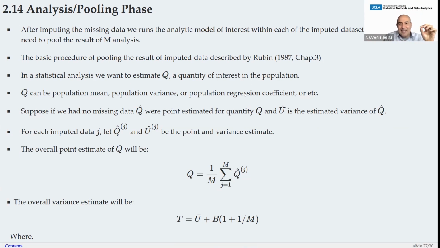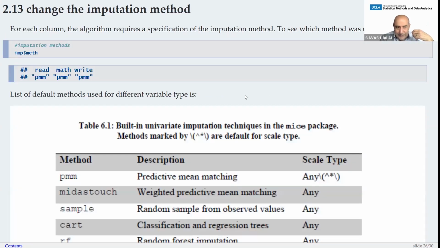The estimate is easy. You just average all the estimates for that quantity or that statistic. That statistic could be the mean value, could be a coefficient of a regression model, any parameter that you estimate. You can average that and get the combined estimate. So basically, this is what I mean.